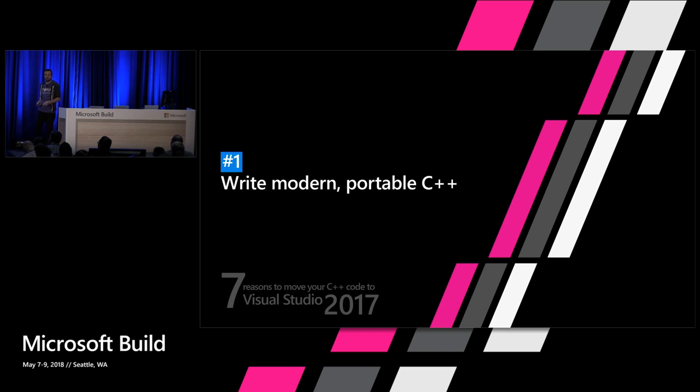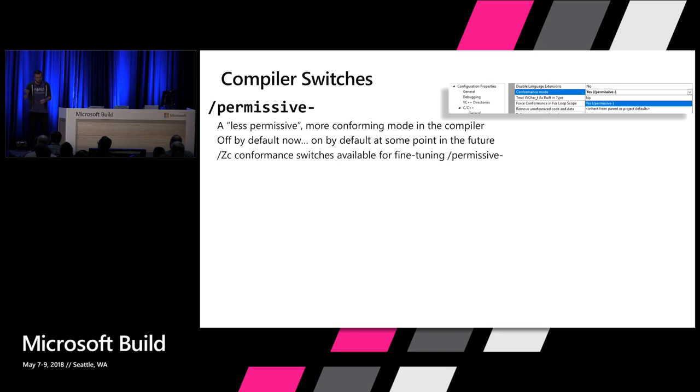And I want to take a brief moment to talk a bit about the switches that enable conformance. So really quickly, /permissive- is a less permissive mode. Behind it, it enables some of the functionality that could be really breaking for code bases that have been written in the past with our more relaxed implementation of our compiler.